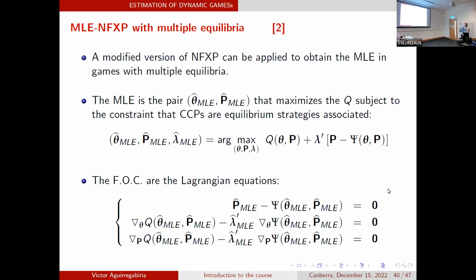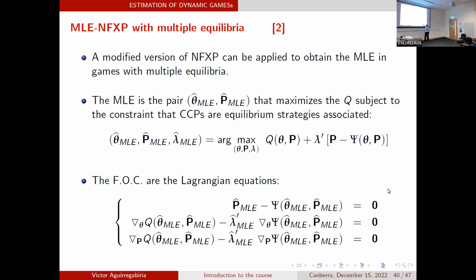Well, in the single agent model, what we have is the zero Jacobian property. The zero Jacobian property means that the derivative of Q with respect to P depends only on the derivative of phi with respect to P, and this is going to be 0.